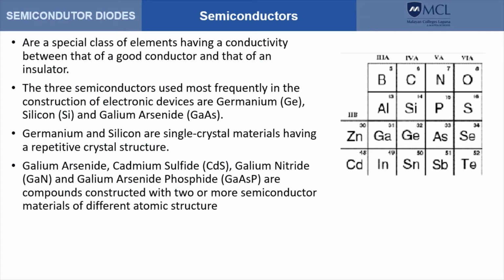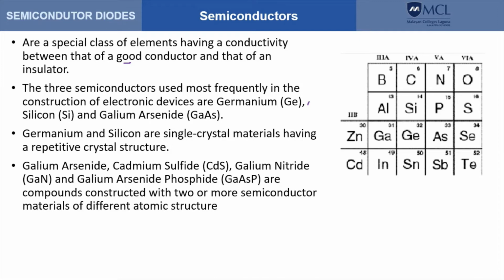So what are semiconductors? As the name implies, they are a class of elements having a conductivity between that of a good conductor and that of an insulator. There are three commonly used semiconductors, and these are the germanium element, silicon, and the compound gallium arsenide.